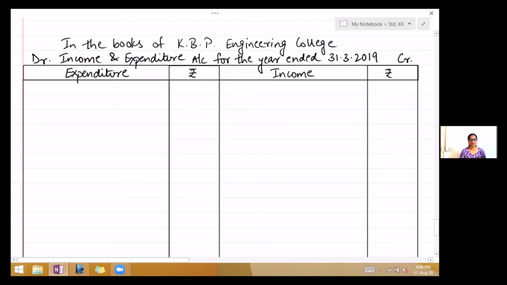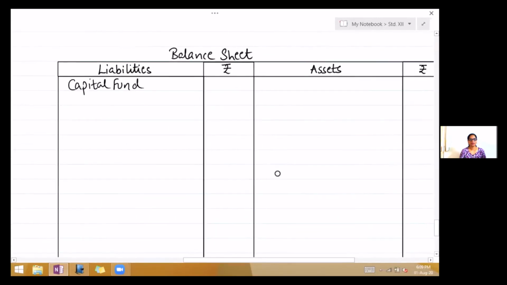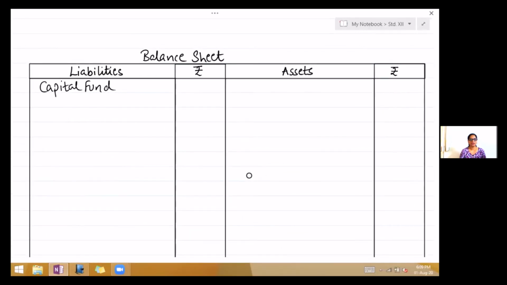Indicate debit, credit. Draw the balance sheet now. So write balance sheet as on 31st March 2019. And on the liability side, write the first balance has to be capital fund.